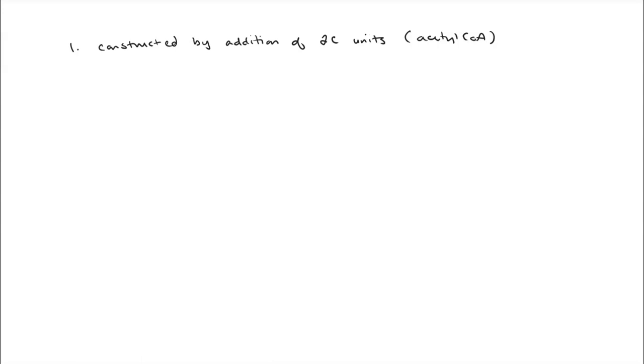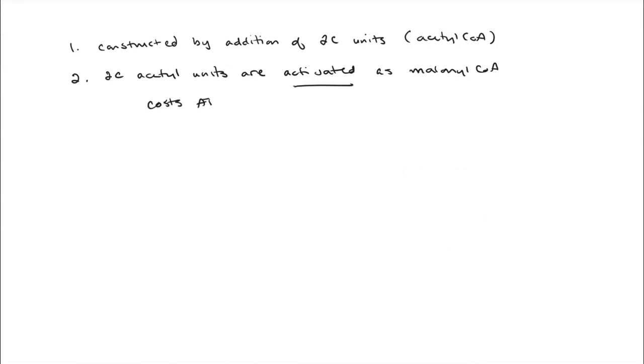2, these acetate units are activated by the formation of malonyl-CoA at the expense of ATP. And this costs energy in the form of ATP. Thirdly, the addition of 2 carbon units to the growing chain is driven by decarboxylation of malonyl-CoA.